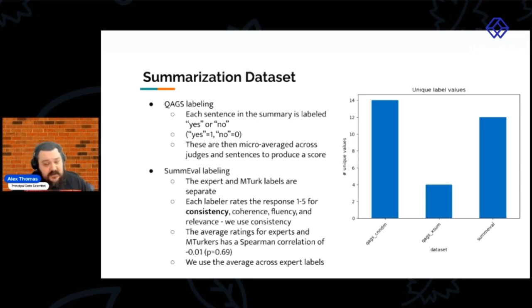Those are recorded separately in the data set, so we can distinguish them. There's actually 4 things that they measure: consistency, coherence, fluency, and relevance. We're just using consistency here. We found that there's actually not a lot of correlation between the experts and the Mechanical Turkers, so we just go with the experts.